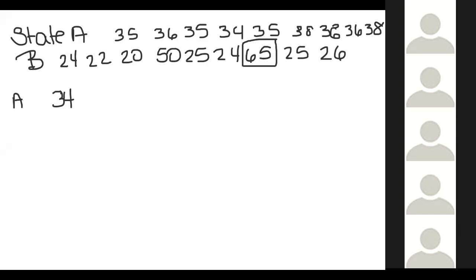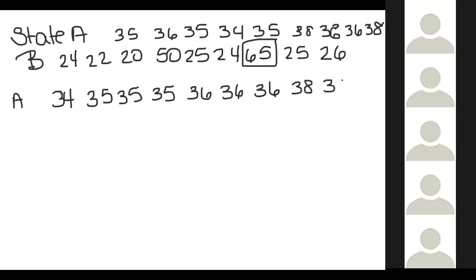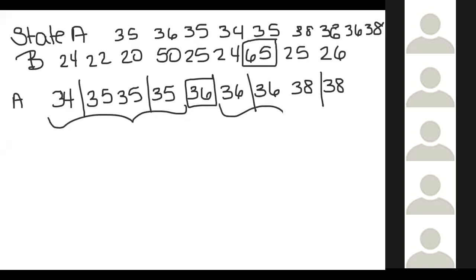Good. So the first step is to put everything in order from smallest to biggest: 34, 35, 35, 35, 36, 36, 36, 38, 38. What I like to do is mark that off, and then I try to group it so that you can actually see the quartiles, the upper and the lower. 36 is my median.